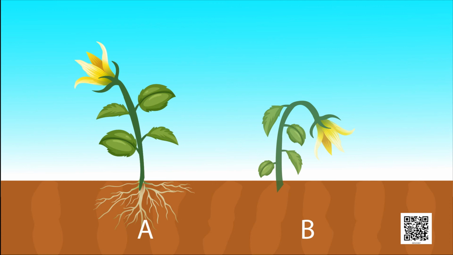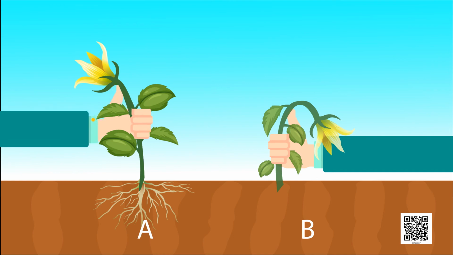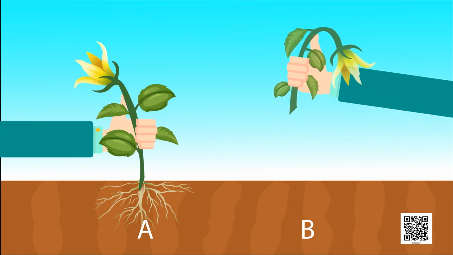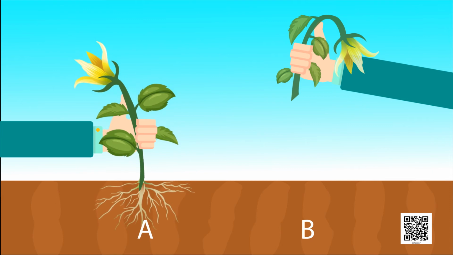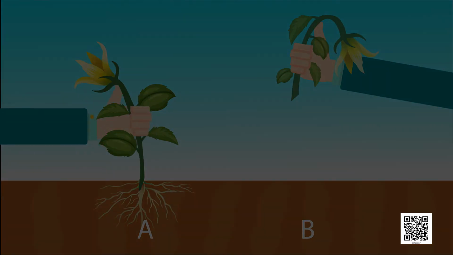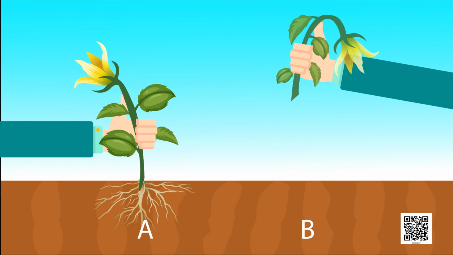Plant A is not pulled out easily because it has roots inside the soil, whereas plant B easily comes out of the soil as it does not have any roots to hold it inside the soil. The roots help in holding the plant firmly in the soil. They are said to anchor the plant to the soil.